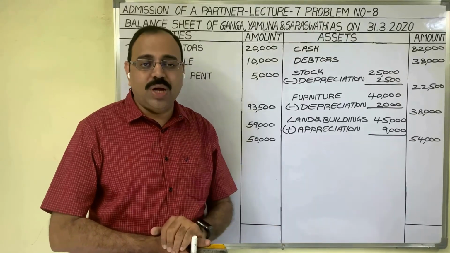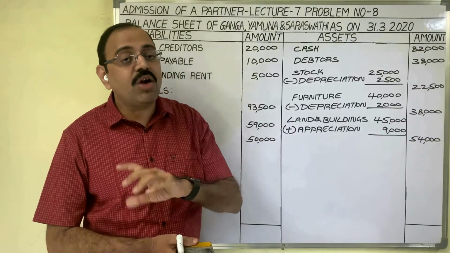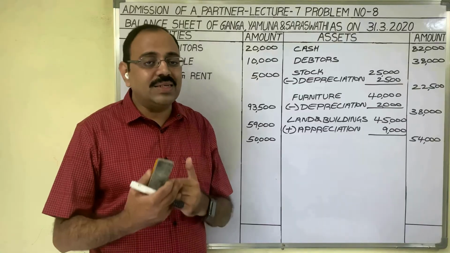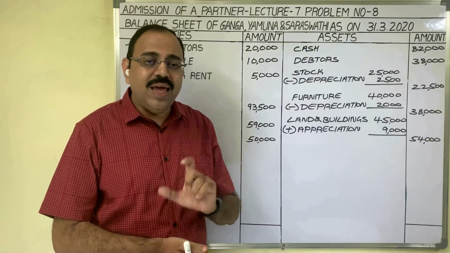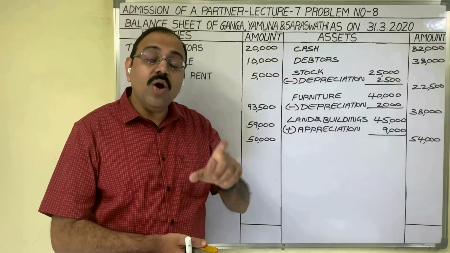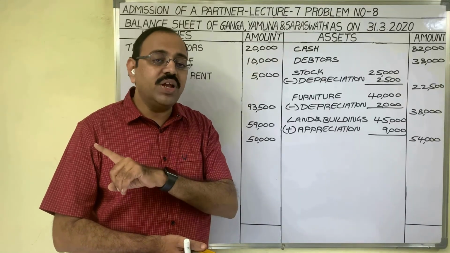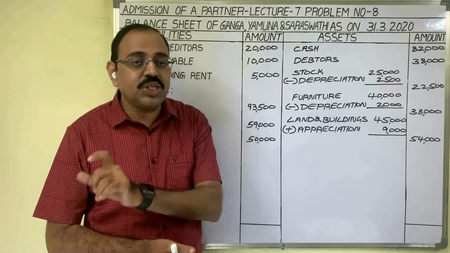Investment is an asset to us. Asset value 3,000 rupees we have to show under asset side of balance sheet, no? But in question, in old balance sheet asset side, there is no investment value. Means they invested 3,000 in outside companies, but they forgot to record that in the books. Means old value of investment is 0. Book value of investment is 0.